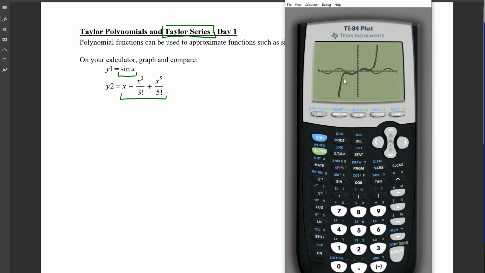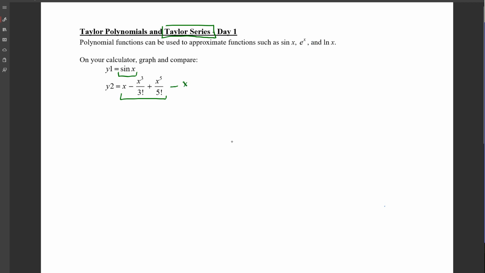Well, how could I make it an even better approximation? It turns out if I put some more terms here, and you can see the pattern, x minus x cubed over 3 factorial plus x fifth over 5 factorial, what may be the next term? Negative x to the 7 over 7 factorial, plus x to the 9 over 9 factorial.